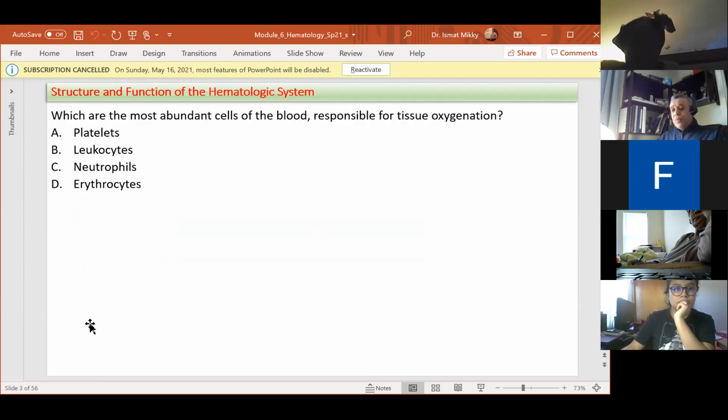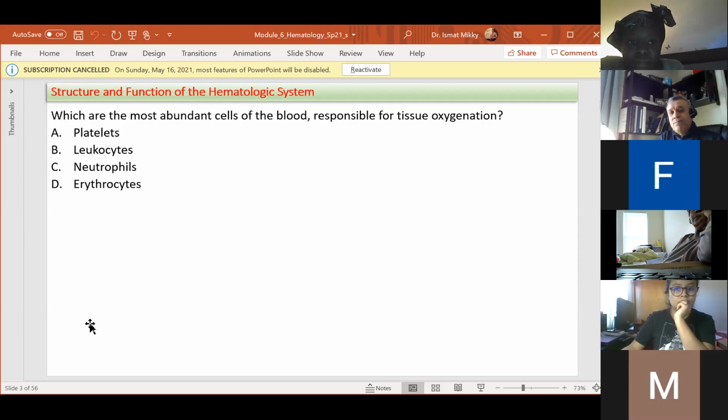So the question here is, can anyone read it out loud, please? Volunteers? Which are the most abundant cells of the blood responsible for tissue oxygenation?